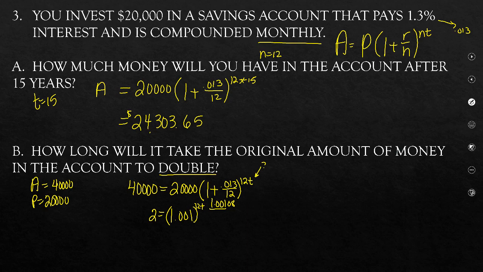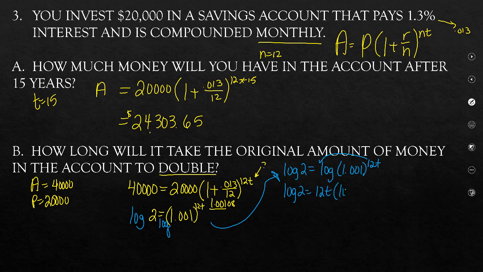So we can just take the log of both sides of the equation. So I'll have log of 2 equals log of 1.001 to the power of 12t. That power can go to the front. So log of 2 equals 12t times log of 1.001.